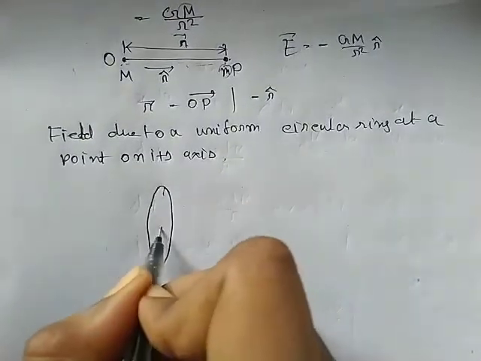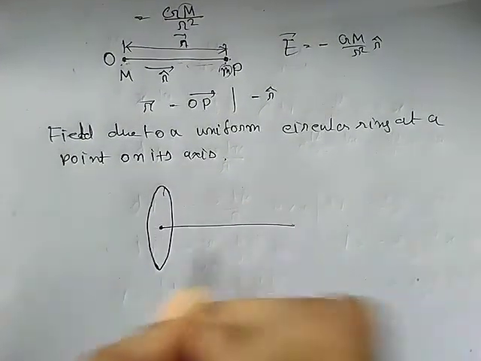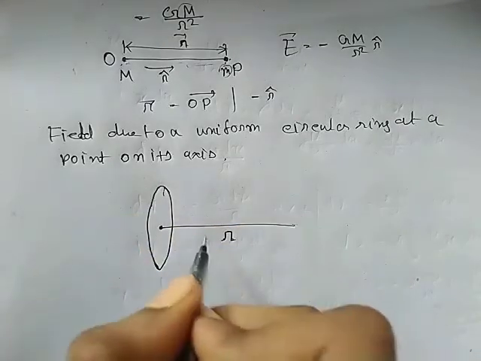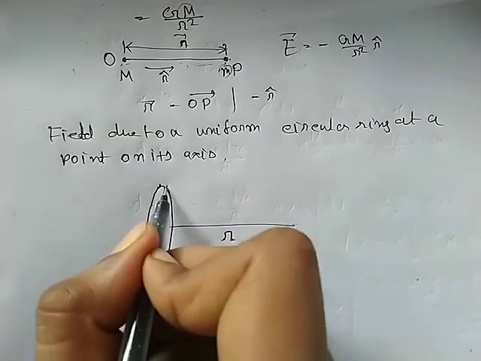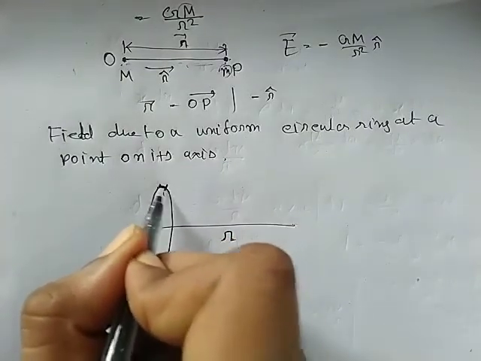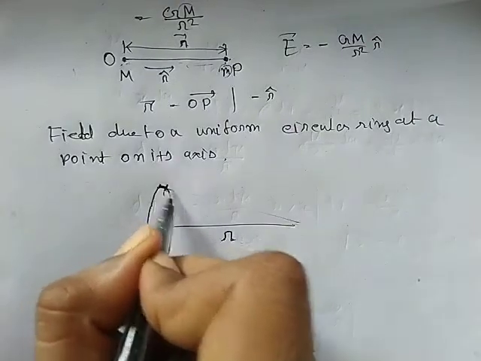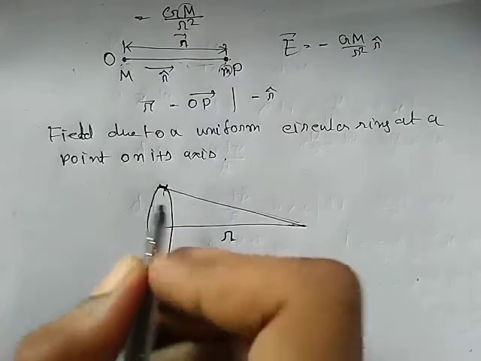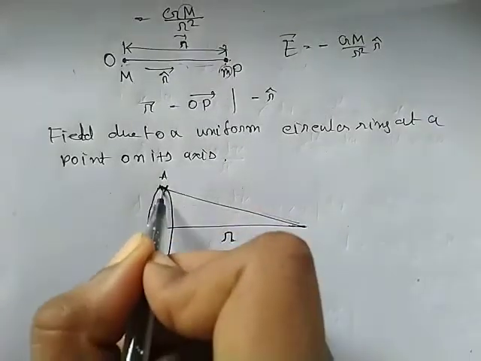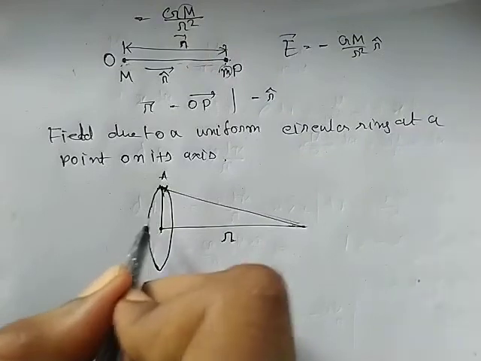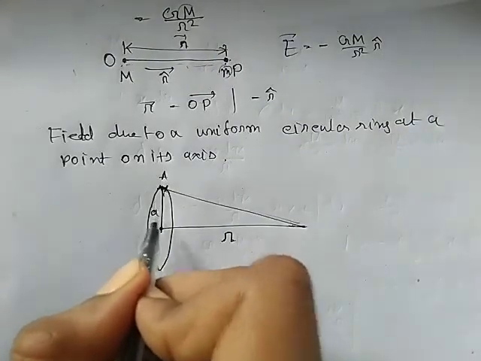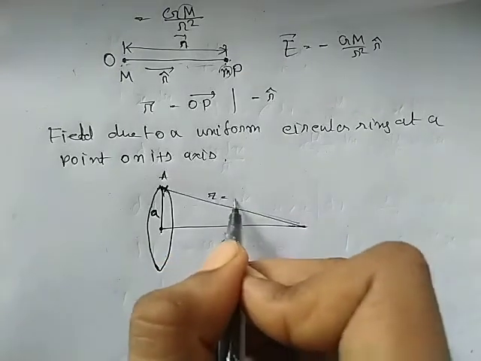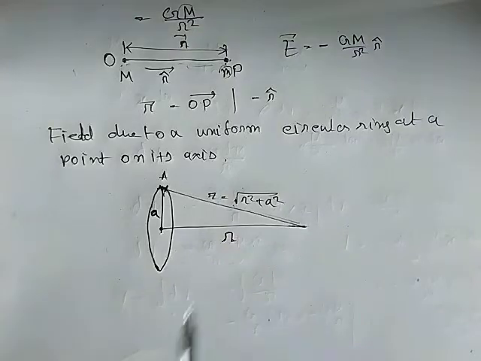This is the ring and this is the axis of the ring, and at a distance r we are going to consider the field. So we know the procedure from before. We consider an elemental mass here, and we have found the potential by this method before. So we are considering this as point A, and the radius of this ring as small a, and this we write as z, which is equal to root r square plus a square.